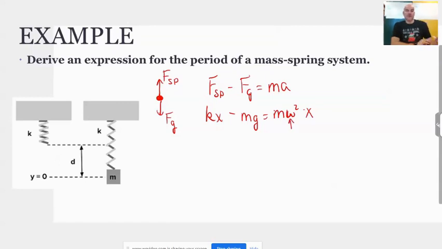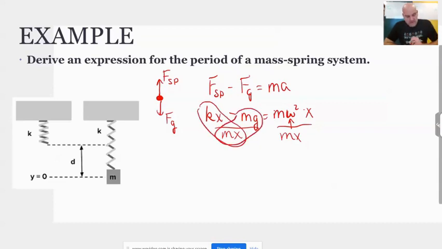Okay, and so when I do that, I'm going to divide everything by mx, and you can see things are going to cancel out when I split the fraction. So if I split the fraction, I would get k over m minus g over x, and that's going to equal omega squared.